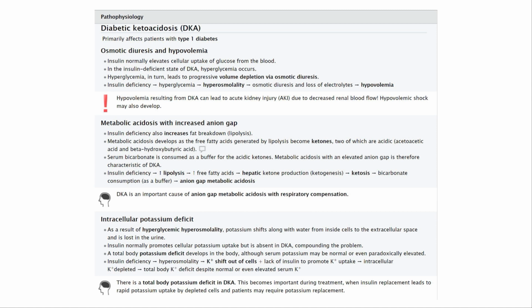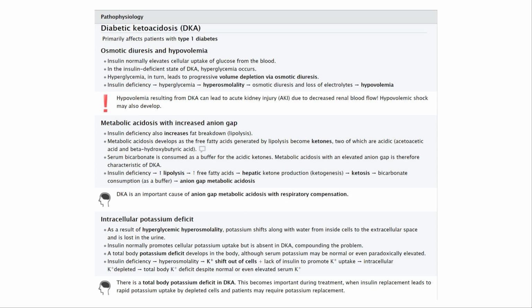But at the same time, because of the osmolality of your blood and the lack of insulin, you'll keep drawing potassium out of your body cells at a rate that's fast enough to maintain a normal concentration of potassium in the blood, despite losing lots and lots of potassium in the urine.